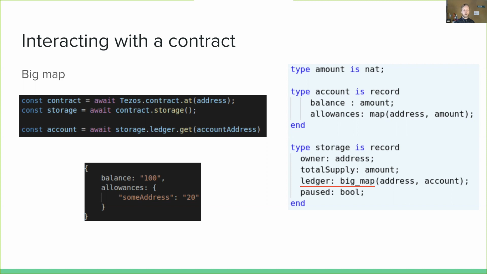On this particular contract example, and this isn't the voting contract, the voting contract actually doesn't implement a big map, but this type def does. So we have a big map here. The name of it is ledger. And in order to get data from that ledger property, we simply call .get. And equally, you can call .set on that as well. And that allows you to interact with these big maps. Michelson supports using pairs or tuples as keys for big maps as well, and Taquito also supports this.